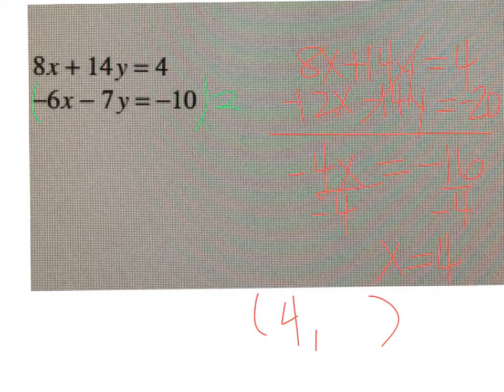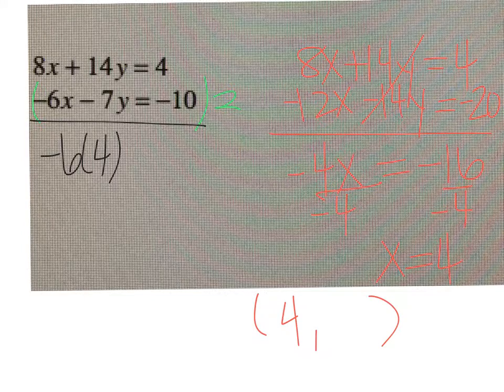Okay, so let's substitute that 4 in for x's in one of the equations. I'm just going to make it easy for these purposes and just use this bottom one. So negative 6 times 4, I'm substituting in the 4 that I just found, minus 7y equals negative 10.